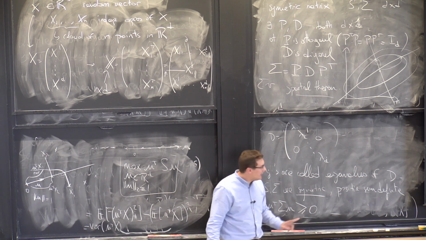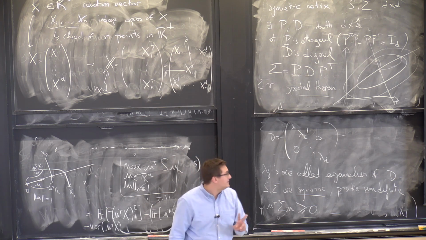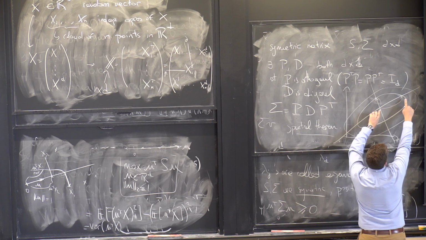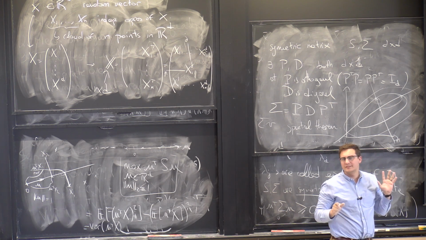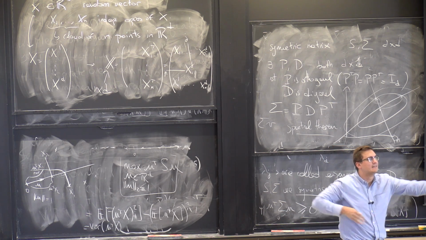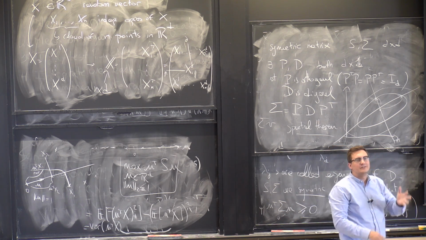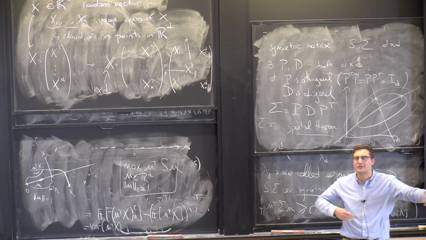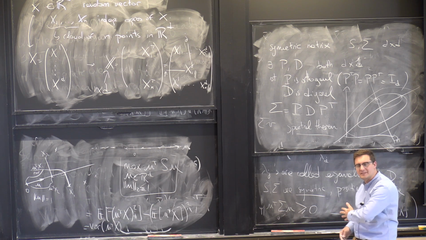Now, if I had some negative numbers, the effect is that when I draw this picture, those axes are always positive, which is kind of a weird thing to say. But what it means is that when I take a vector v, I rotate it, and then I stretch it in the directions of the coordinates, I cannot flip it. I can only stretch or shrink, but I cannot flip its sign.